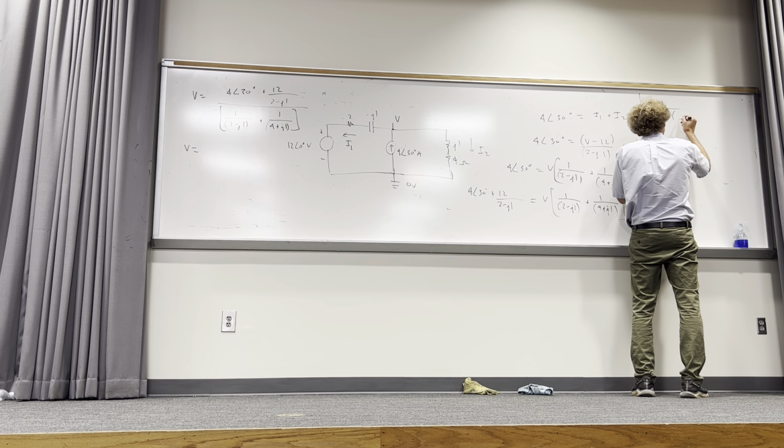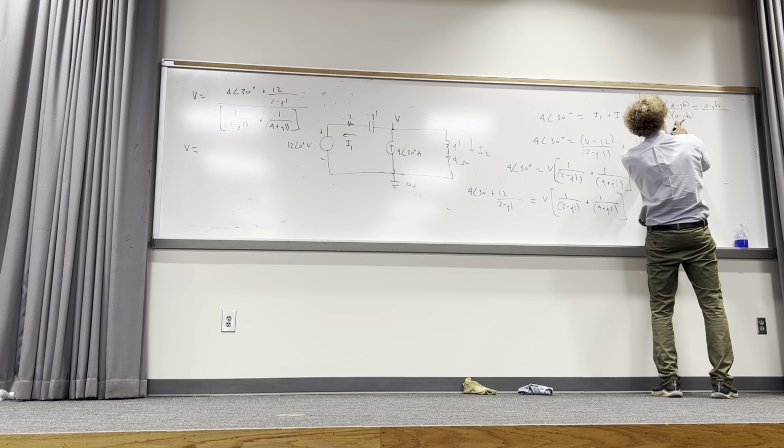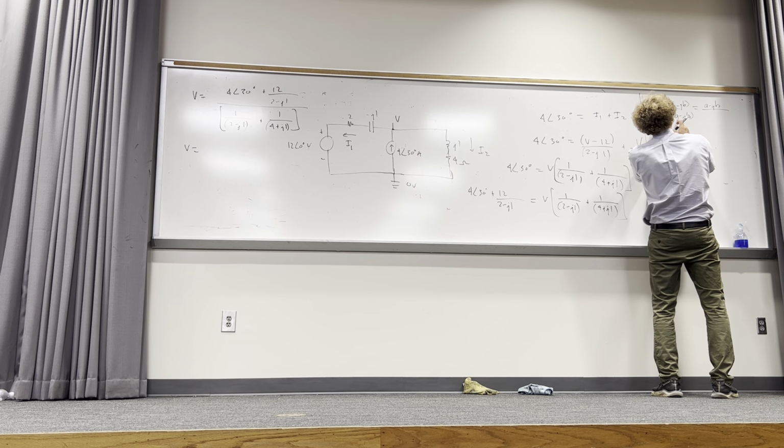Now when you do that, on top you have A minus JB, but on the bottom you're going to get A squared here, and then you're going to get A plus JAB minus JAB, that cancels.